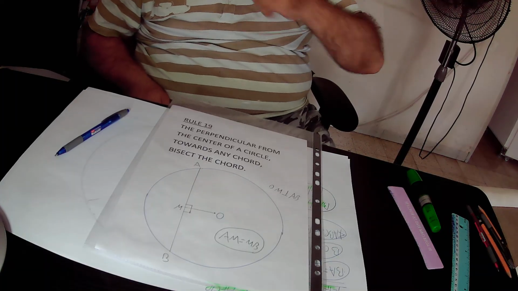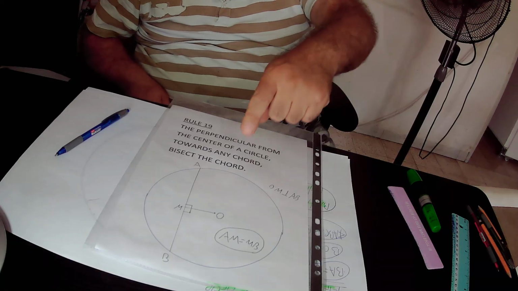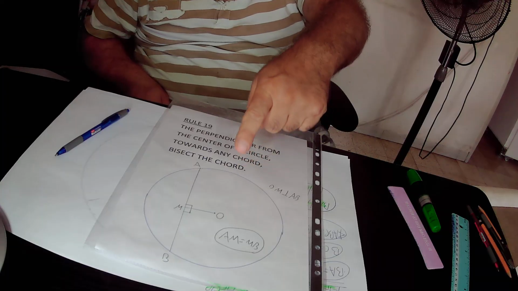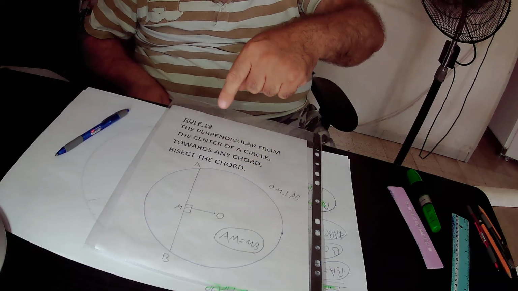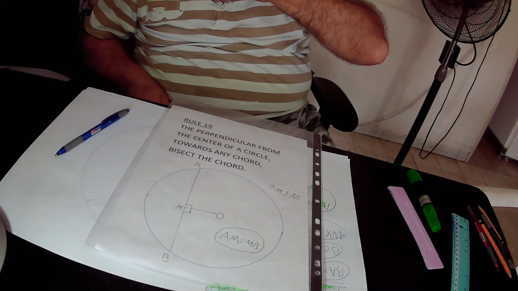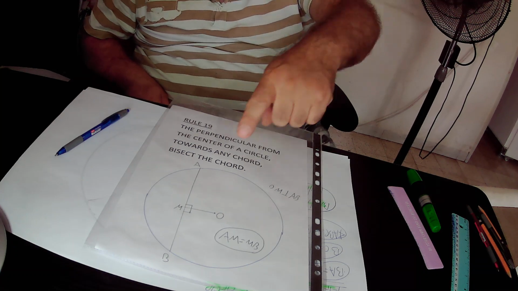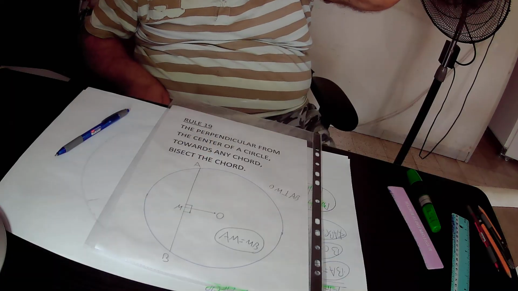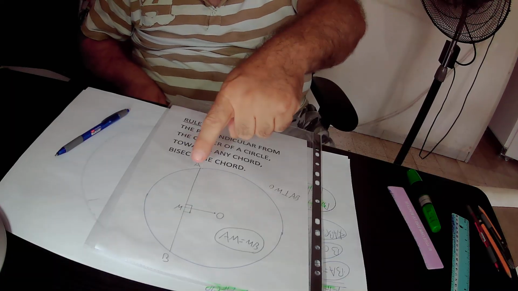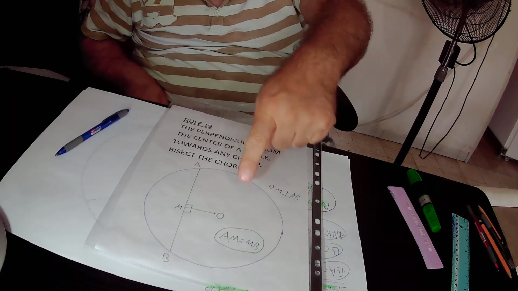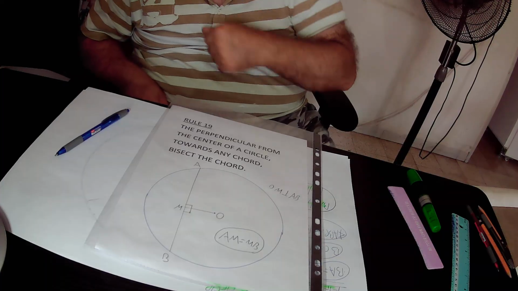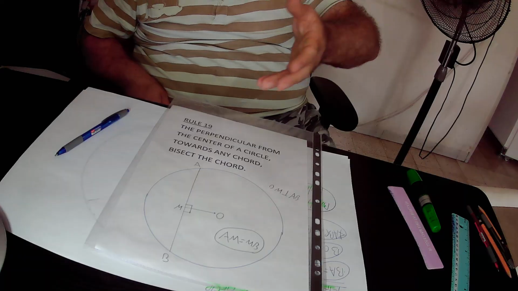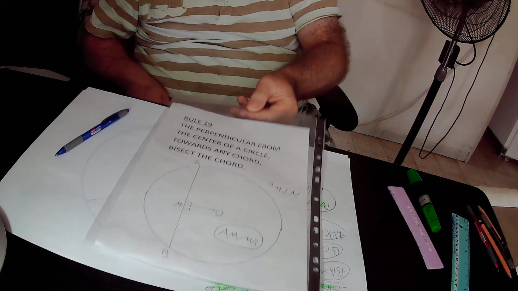According to this rule, the perpendicular OM from point O, the center of the circle, bisects chord AB. That is to say, the perpendicular OM divides chord AB into two halves. The first half is AM and the second half is MB, and of course AM equals MB.